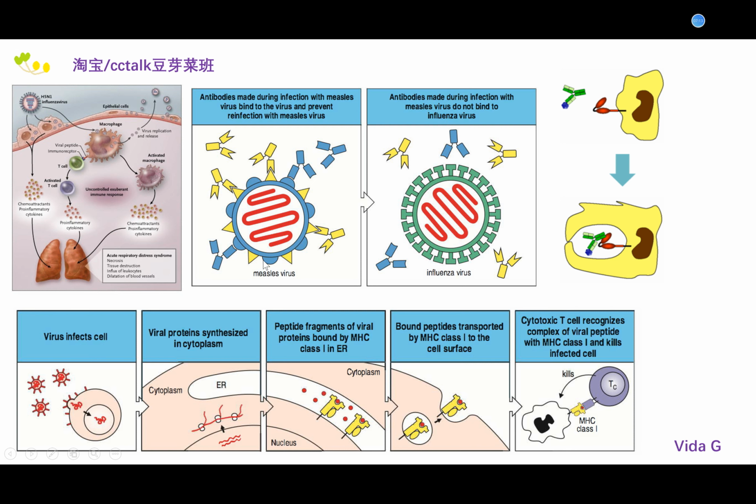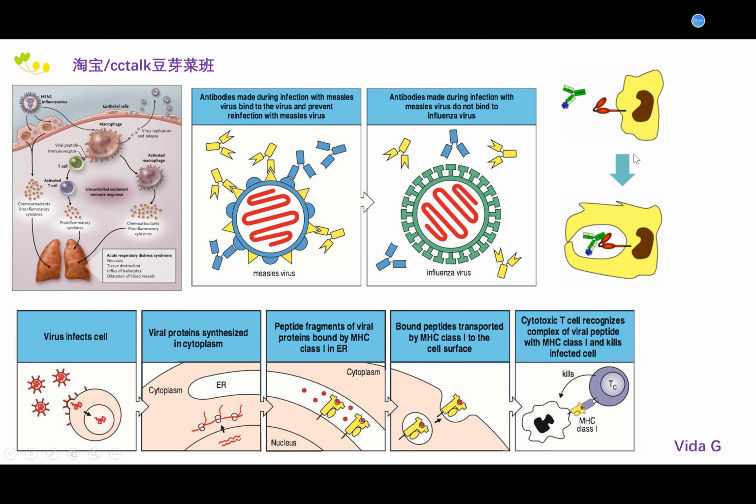so it will no longer be easy to enter our healthy cells and to produce their own proteins to make the next generation virus. So the fully bound virus will then be recognized by the macrophage or B cell.